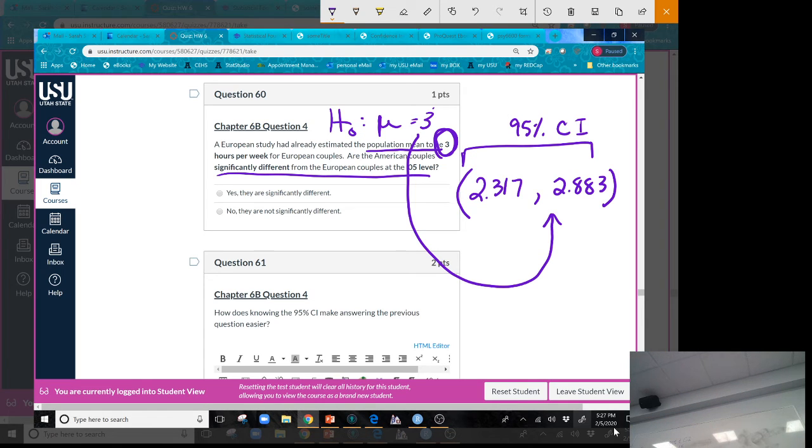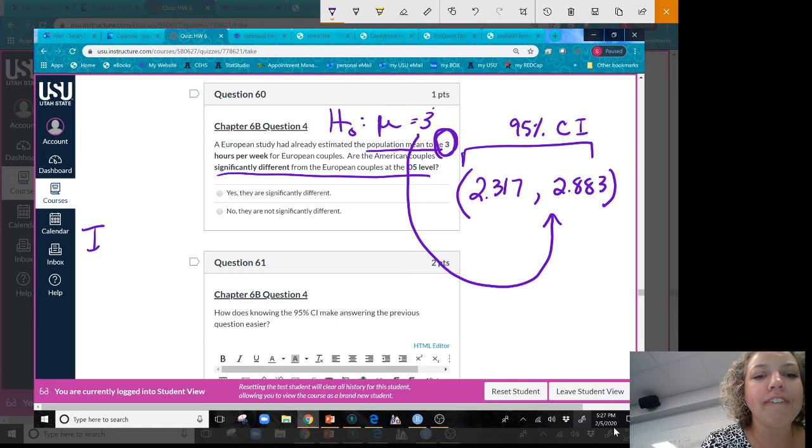No. So if 3 is not inside the interval, then we can say it's significantly different than 3. Yeah, we see if the hypothesized value is inside the confidence interval. And if it's not, then we know the p-value is going to be smaller than 0.05. So that's like the way that they link.